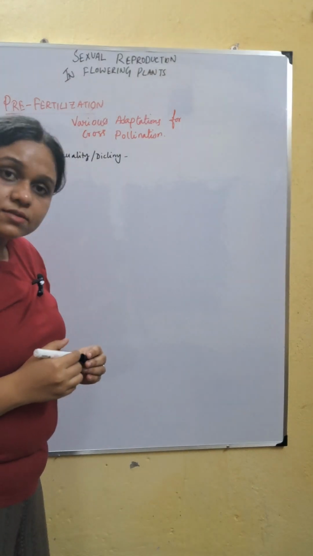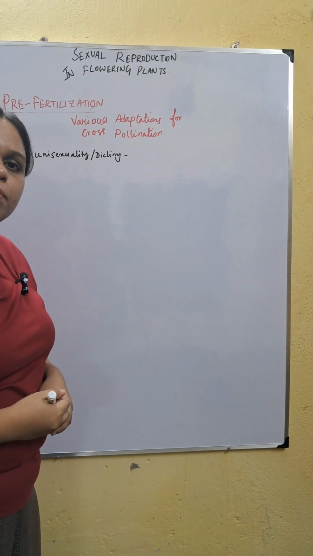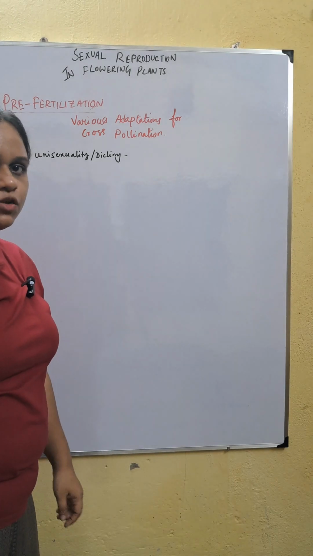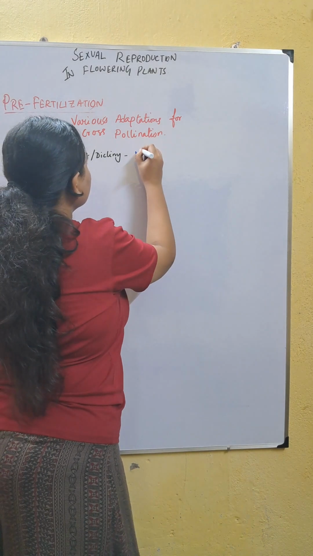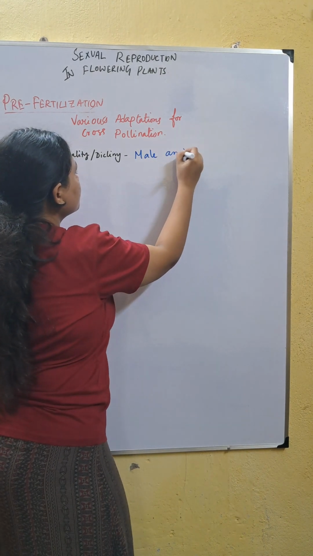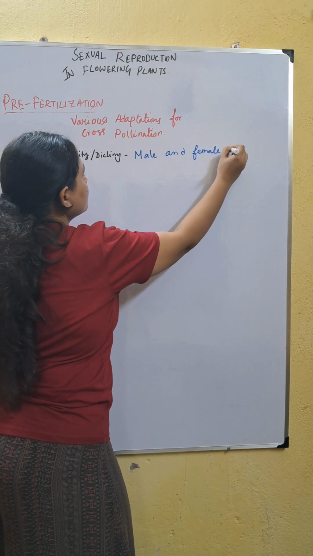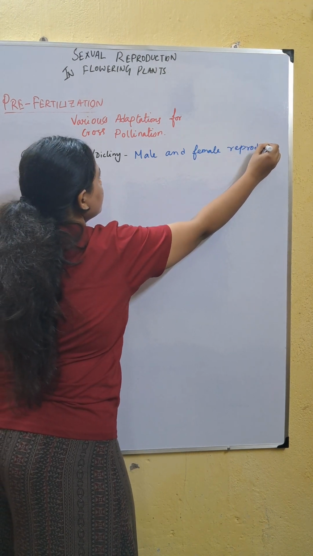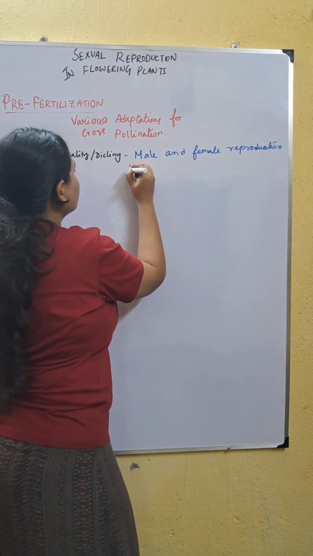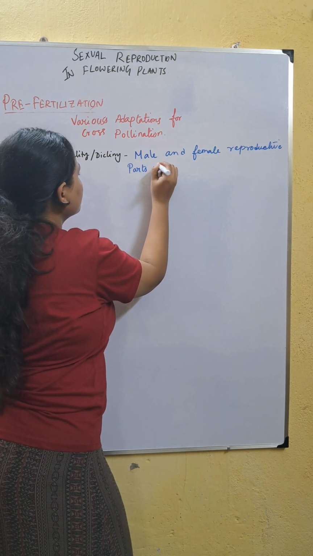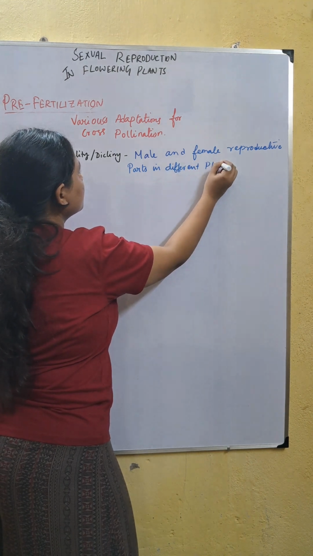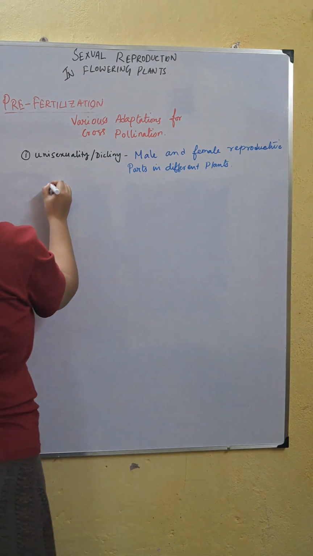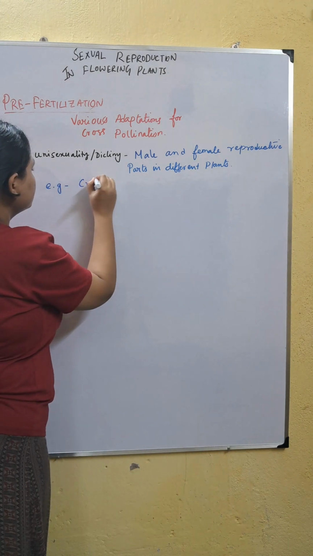It is the presence of male and female sexual parts in two different flowers to ensure cross pollination. Example is croton.